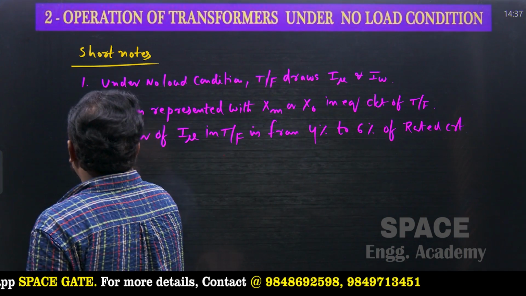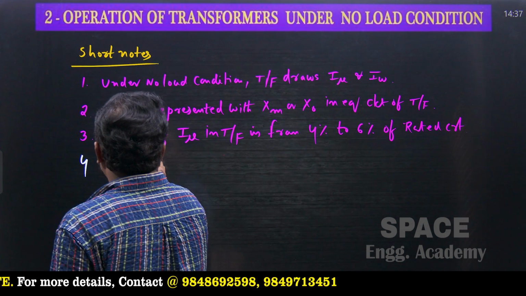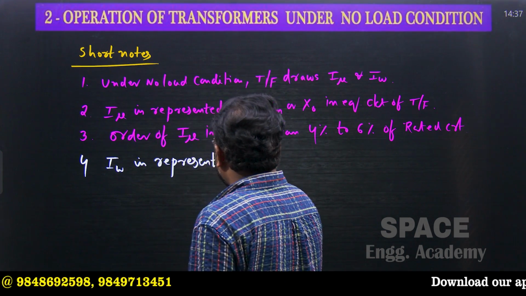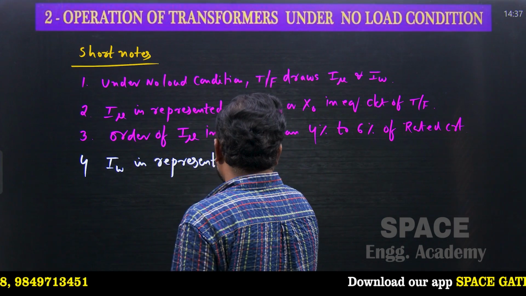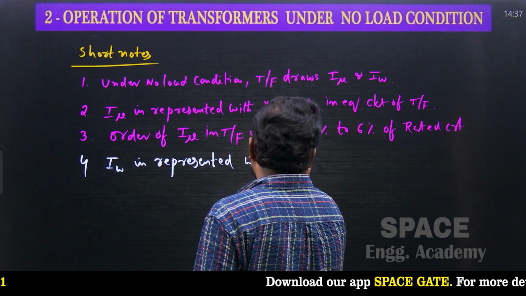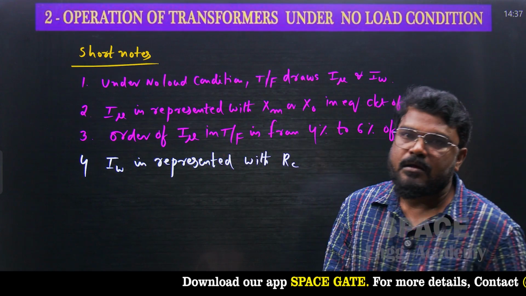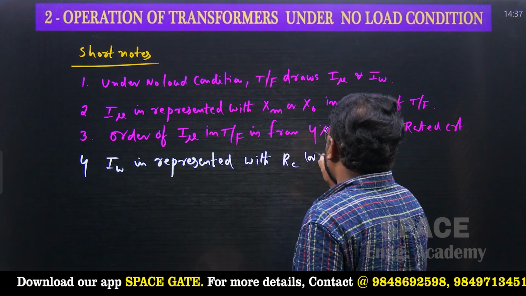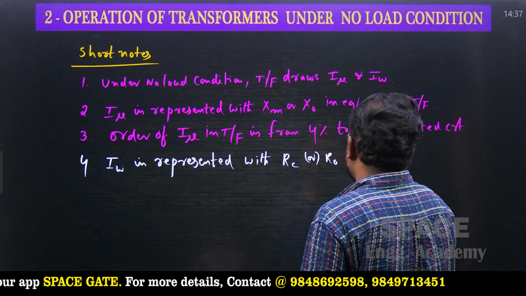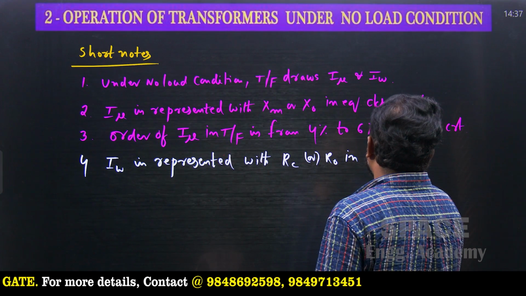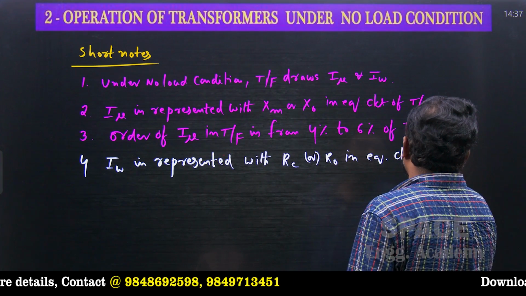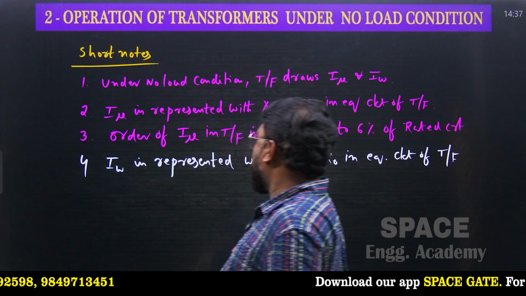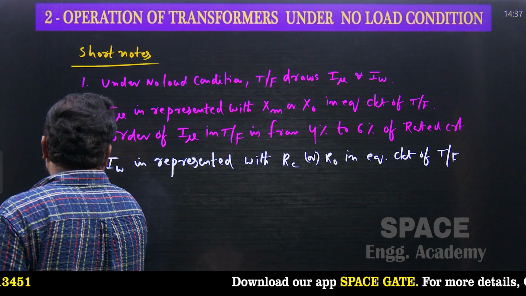The iron loss component of the current, I w, is represented with Rc, where Rc is the resistance corresponding to iron losses, or R0, in the equivalent circuit of the transformer.